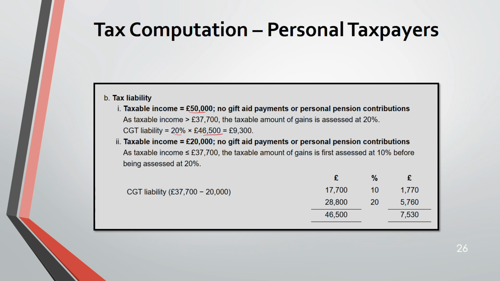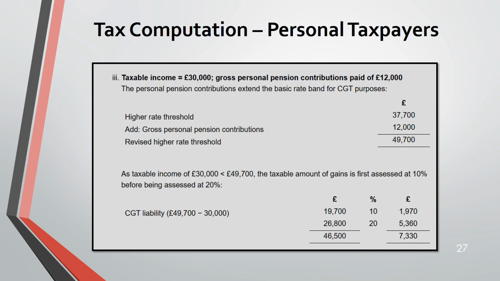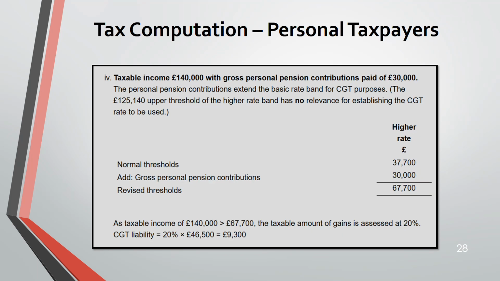This 46,500 you don't have to calculate again; it's calculated in part A. Then the second one, with 20,000, because it is within the basic, we still have some left. 17,700 is taxed at the lower rate, if you take from 37,700, that is the basic they have shown here, and the balance is taken at 20%. In the third, we have a gross contribution of 12,000. It is added to the basic rate and it is extended. So then we found the tax. And then the fourth one, in the same way.